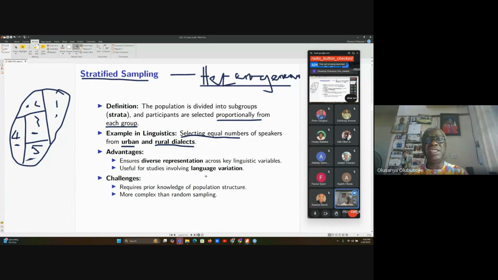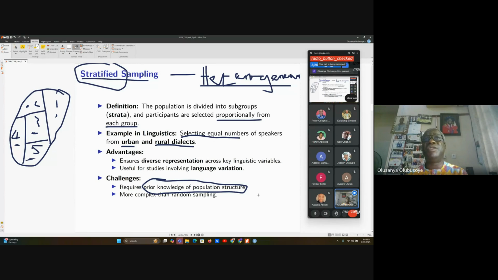But there are challenges, just like random sampling. Before you can apply stratified sampling, you probably must have foreknowledge or prior knowledge about the population structure. So you must know the groups that make up the population, or you have to investigate whether there are groups.